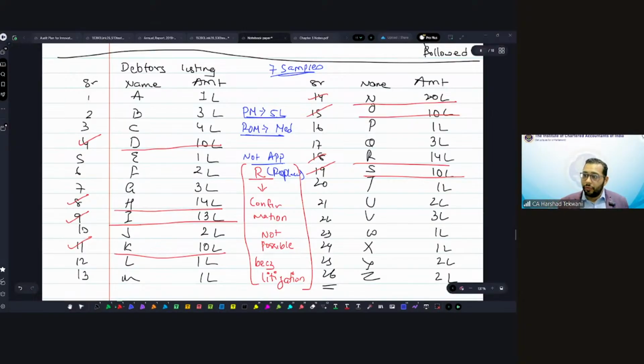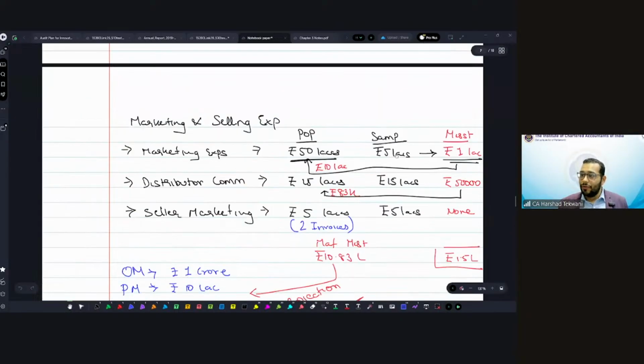So it is the risk of having a wrong conclusion on the population based on the sample. That is the biggest risk we have in sample testing. Remember, in the starting example, we discussed a scenario where 1 lakh was identified as a misstatement and 5 lakh was the sample. So we reached a projection of 10 lakhs. Then we discussed what if we test more 5 lakhs and we did not identify any misstatement.